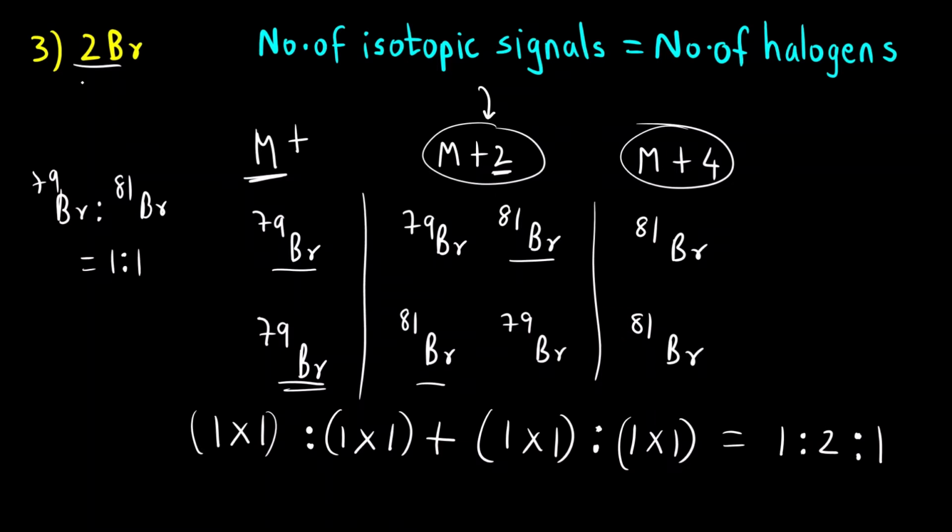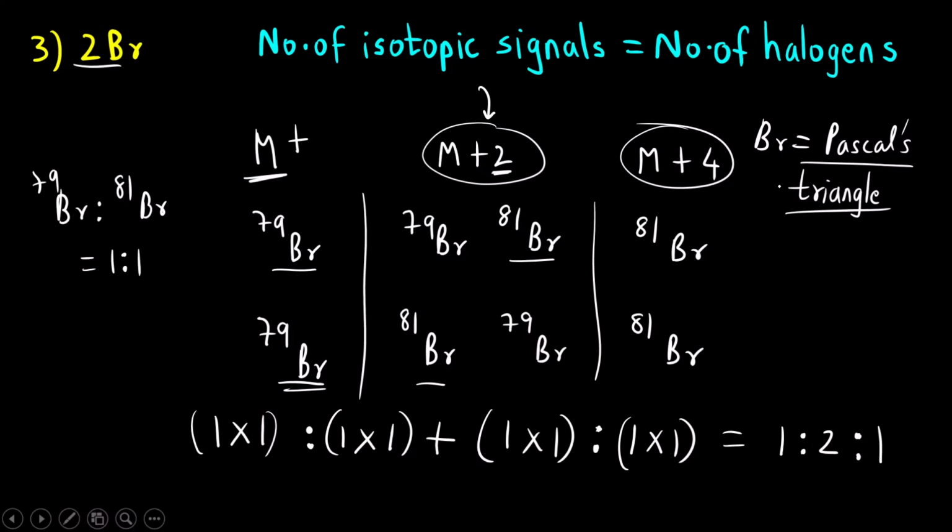So for bromine, you have to remember, for finding out the intensity ratio for bromine, we can use Pascal's triangle, the one we use for finding out the intensity ratio in the 1H NMR spectrum. What is Pascal's triangle? You write 1, then 1, 1, and then 1, 2, 1.